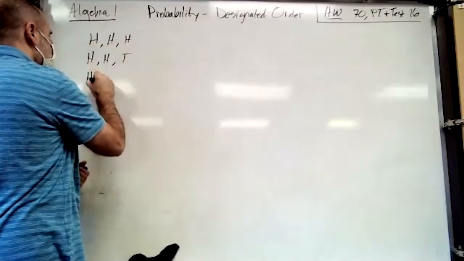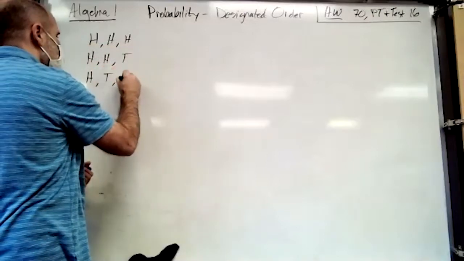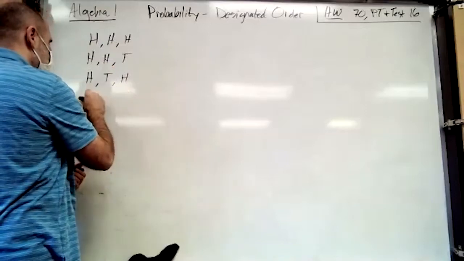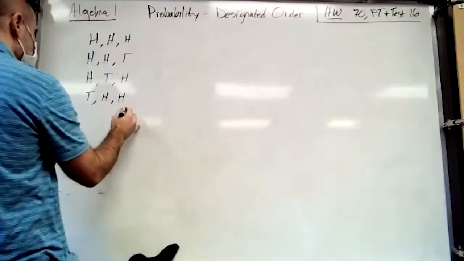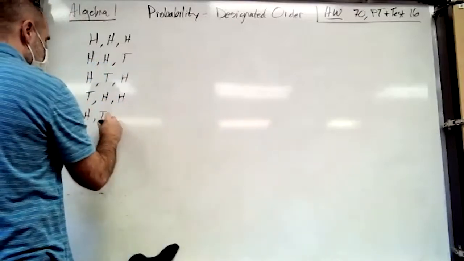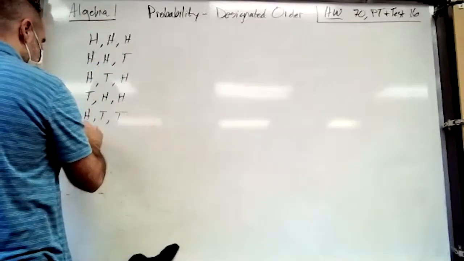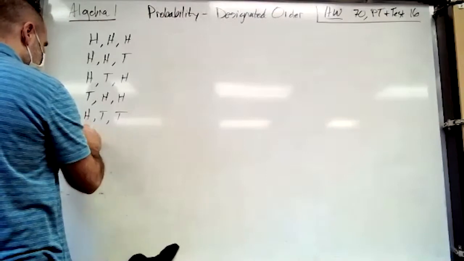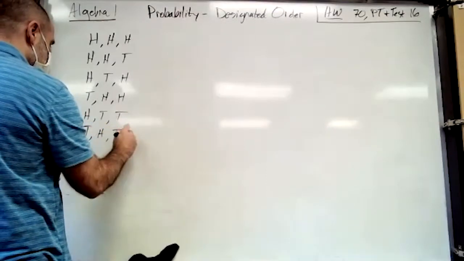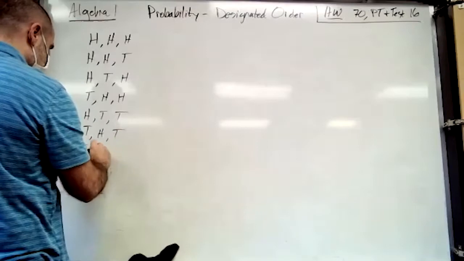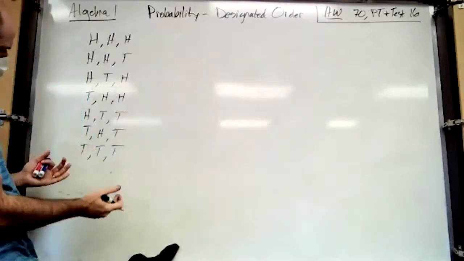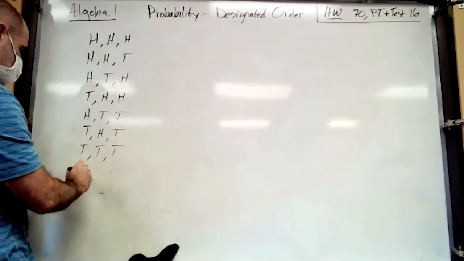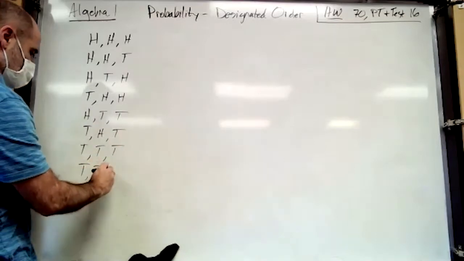You're going to get a heads, tails, heads. You're going to get a tails, heads, heads. Or maybe you're going to get a heads, tails, tails, or a tails, heads, tails, or a tails, tails, tails. Anything else? Am I missing anything? I think one more, tails, tails, heads.